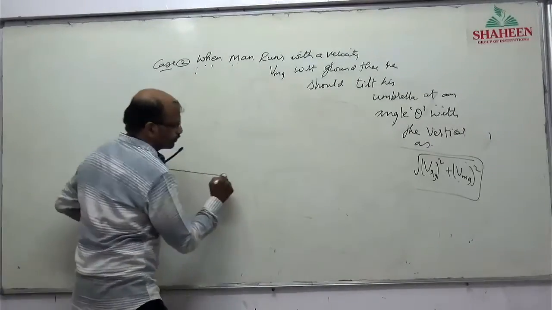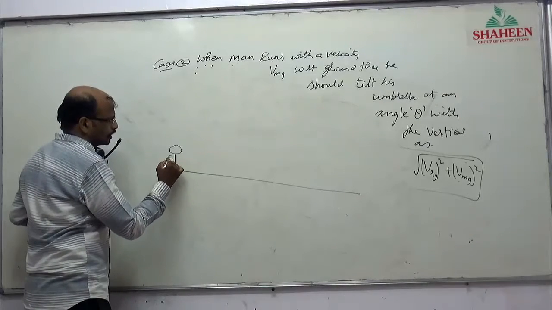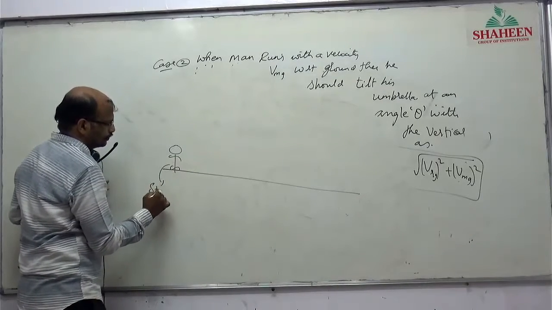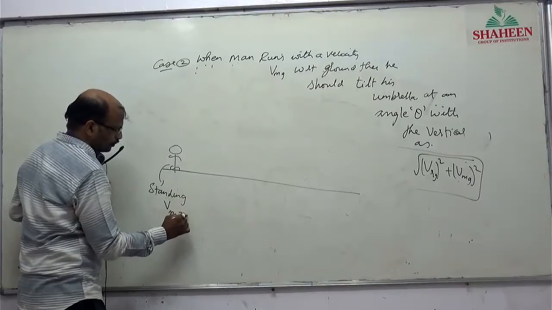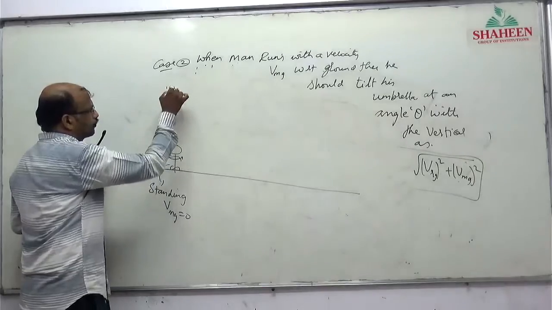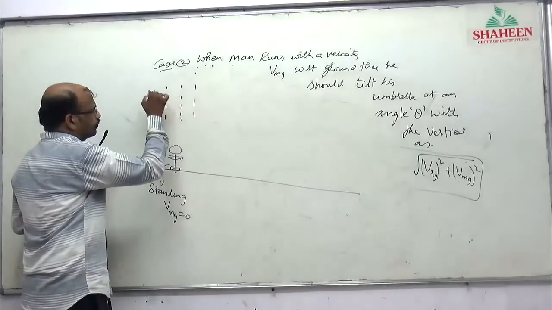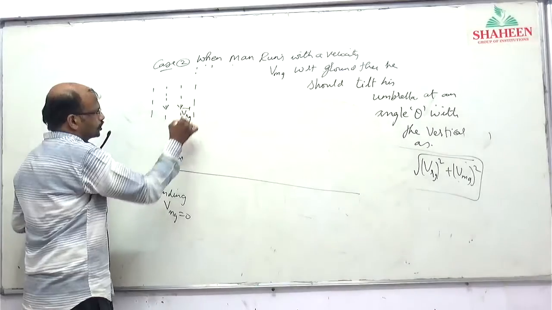Simple concept, vector diagram you should understand properly. Say man is standing. Vmg is 0. Rain is falling vertically downward. Vrg is in this direction.